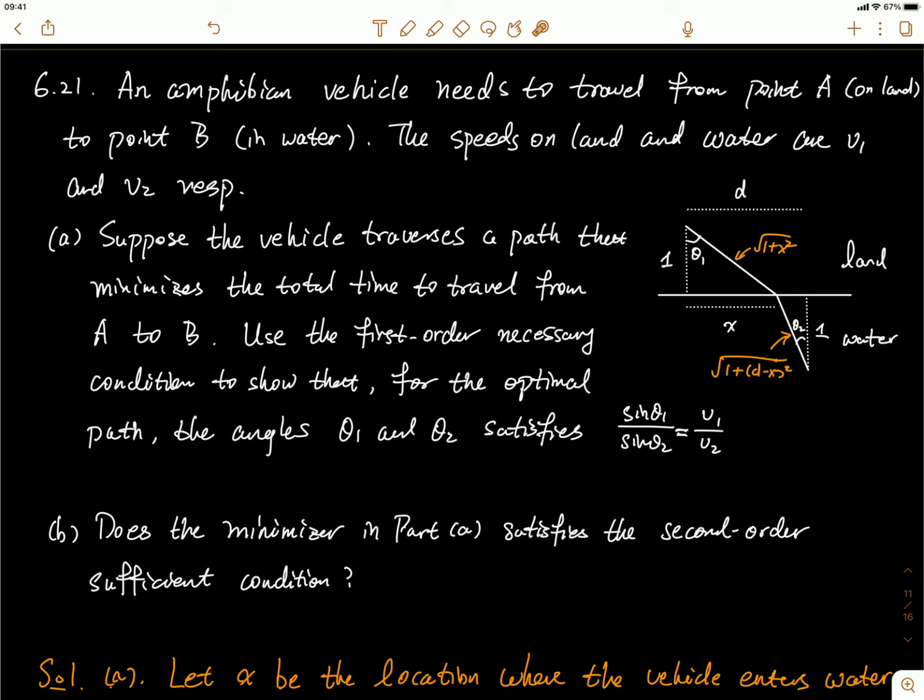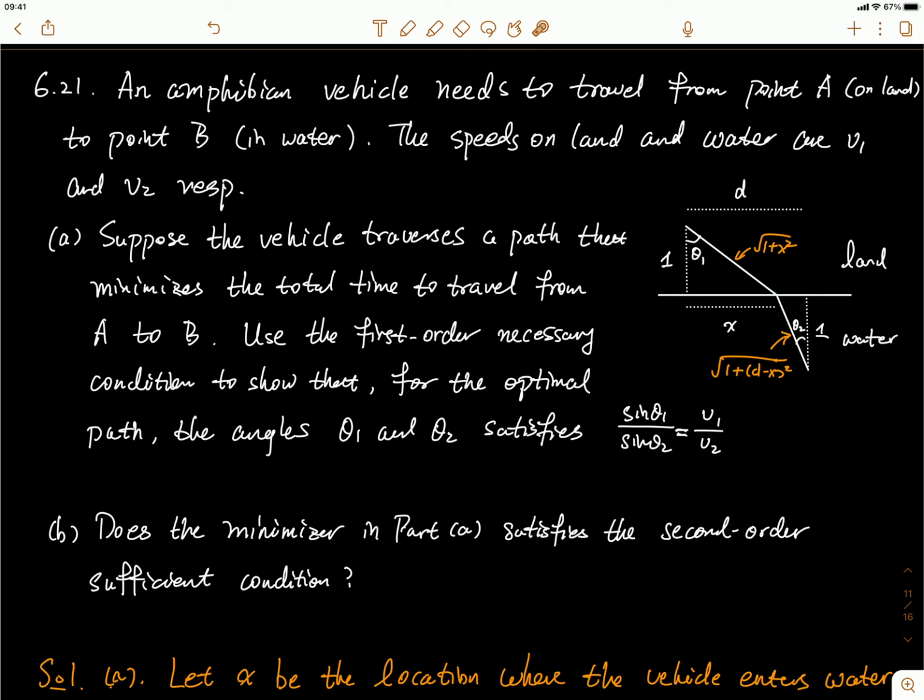The second question is whether the minimizer we found in the first part, part A, satisfies the second order sufficient condition. So we need to check the Hessian there. In this case you can see that it doesn't really have any constraint. The x must be somewhere in between, so we could expect that it's an interior point.